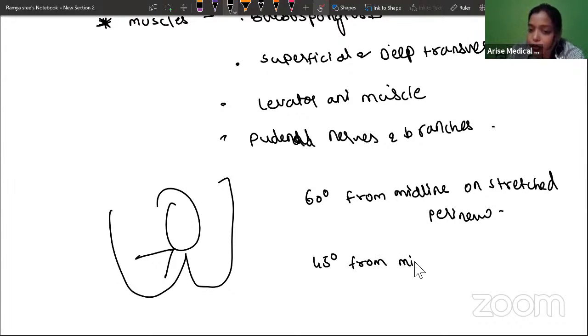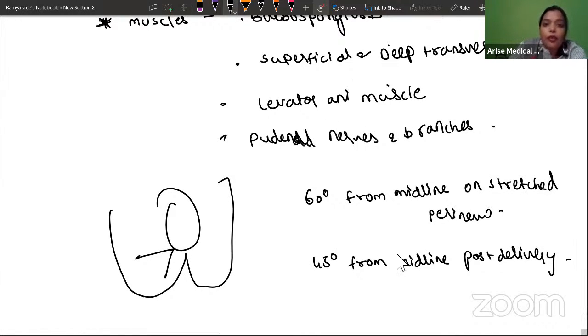These are some of the points you should know. How much angle it makes from the midline is also asked many times. So 60 degrees on the stretched perineum and 45 degrees post delivery.